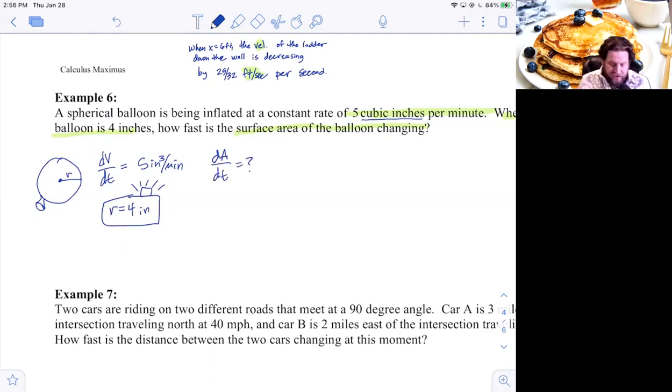Now, this one's kind of interesting because I ultimately want to relate the rate of change of area to the rate of change of volume, but I need to first relate their quantities. Is there a formula that y'all have memorized for the volume of a sphere in terms of its surface area? Ooh, no. But let's write down what we know. Let's just take some inventory.